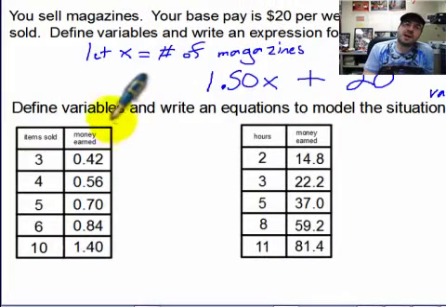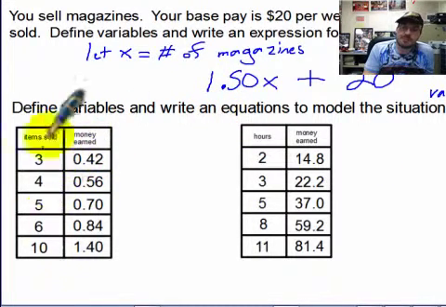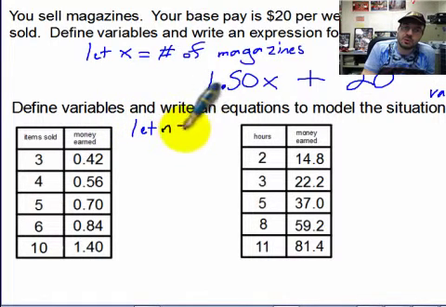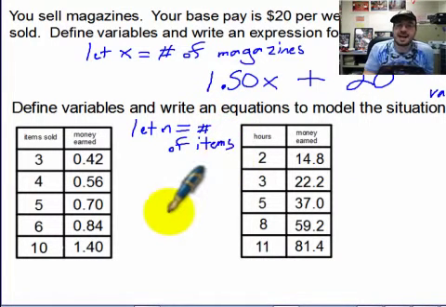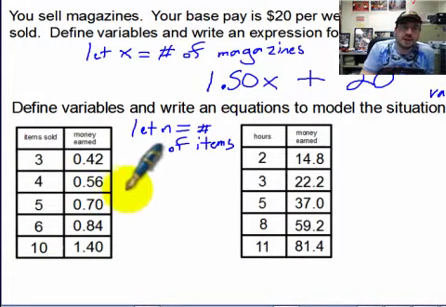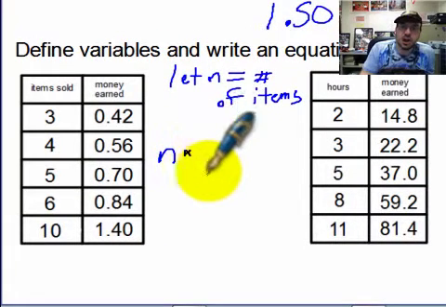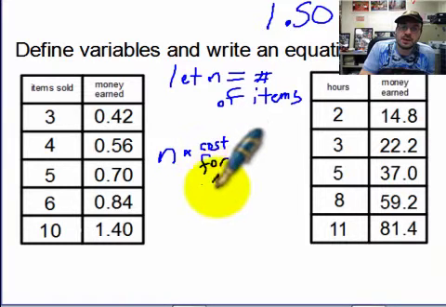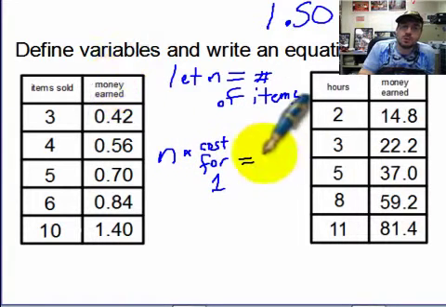so I want to define variables and write equations using these tables. So I have a number of items sold, so I will let N equal the number of items sold, and I'm going to guess that if I take the number of items sold and multiply by the cost of one item, so the number of items sold times the cost for one, which I don't know yet, that's going to give me the total money earned.